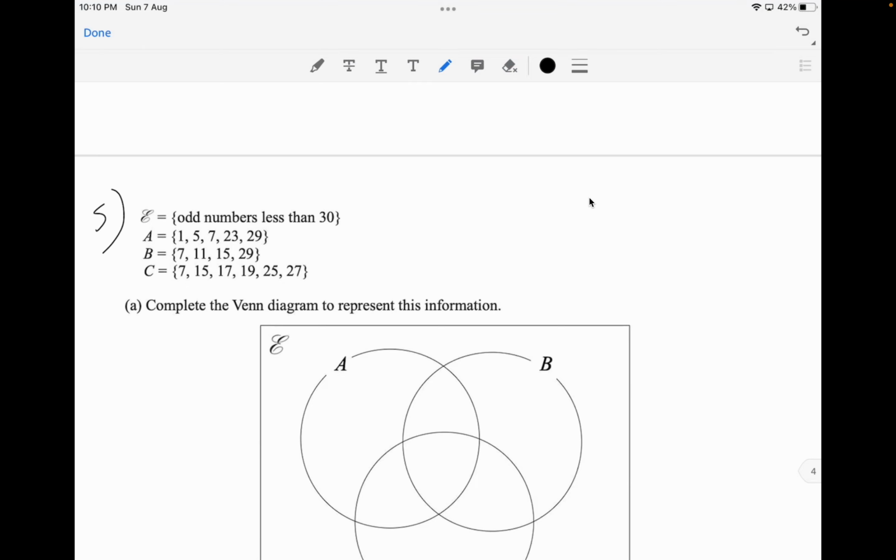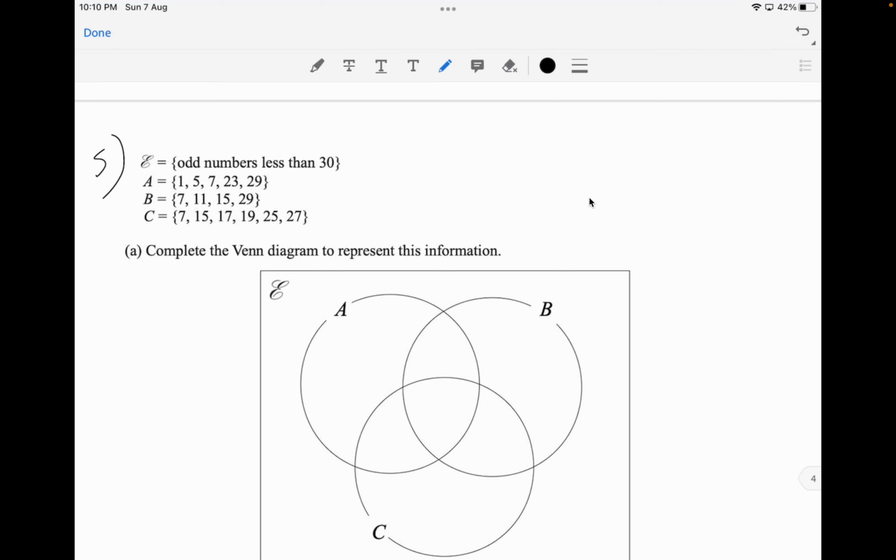Now the final question is stating that you have the universal set which has odd numbers which are less than 30. Preferably I would like you guys to list this down again.